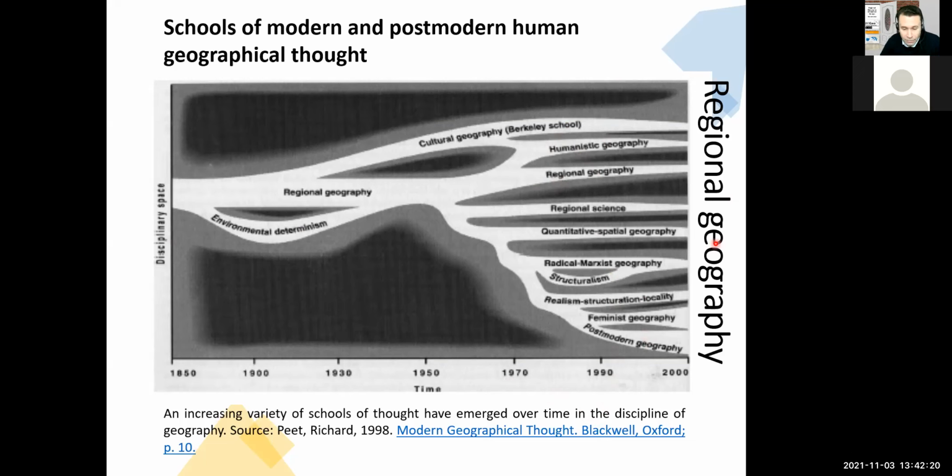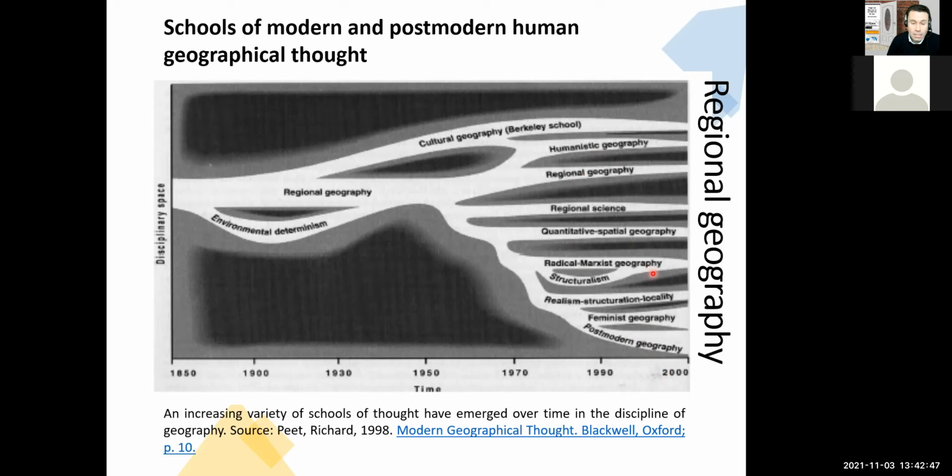And currently, writing about regional geography, doing research in regional geography, requires an understanding of different elements influencing the organization of our territories. It means embracing feminist geography, embracing cultural geography and ethnography as well, and requires involving both qualitative and quantitative assessments.